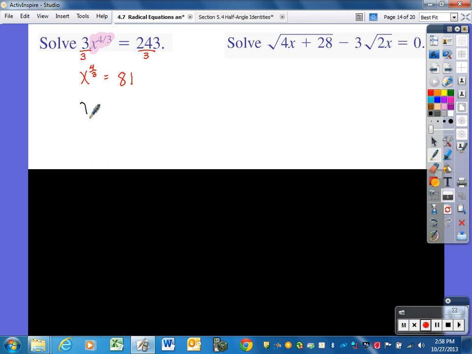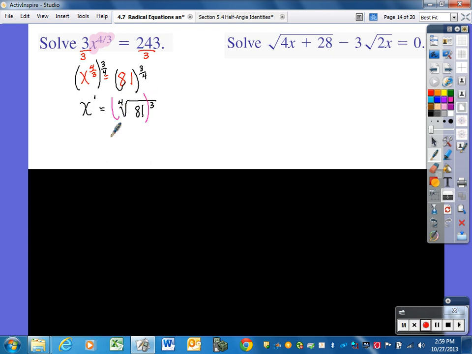I need this to be x to the 1. So if I raise this to the reciprocal power, would I get 1? What I do to the left, I must do to the right. 81 to the 3/4, which means root 81, power 3, root 4.